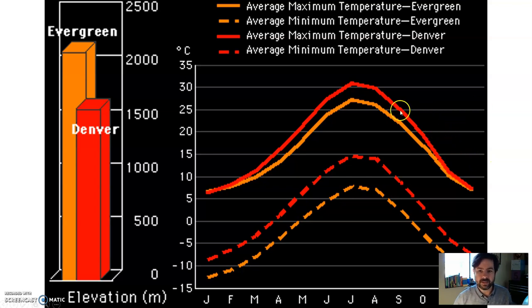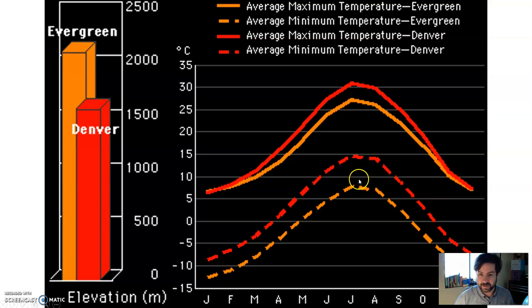So when we're looking at the differences, the red is Denver, the orange is Evergreen. Denver is lower elevation, so it's warmer. Here's Evergreen in the orange. So obviously Denver has a higher high. But look at the difference in this gap here, versus the lows, where Denver is here and Evergreen's here.